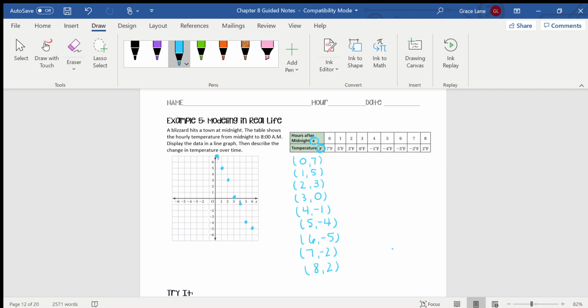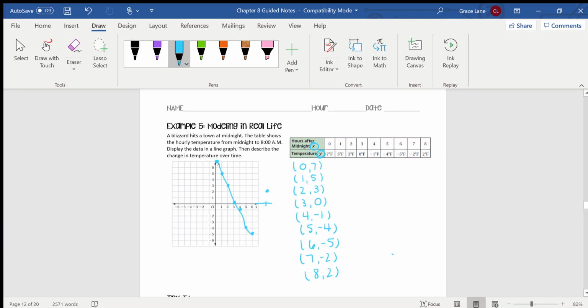Oh, darn, my graph isn't big enough. Then I have to make my graph a little bit bigger. Here's 8, and 2 would be right here. And so it tells me to make a line graph, so now I'm going to connect my dots. And since the change isn't consistent, the line will not be straight.